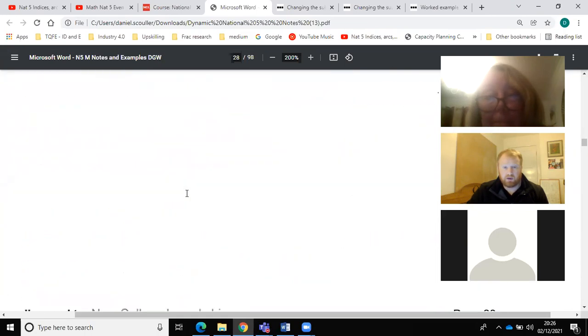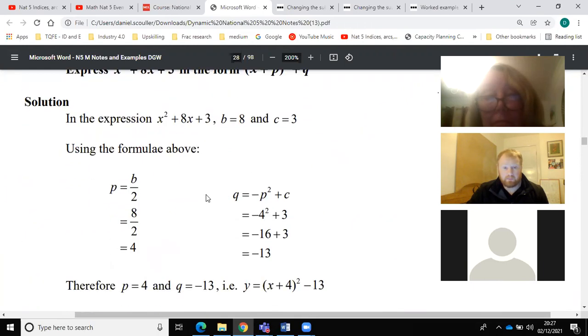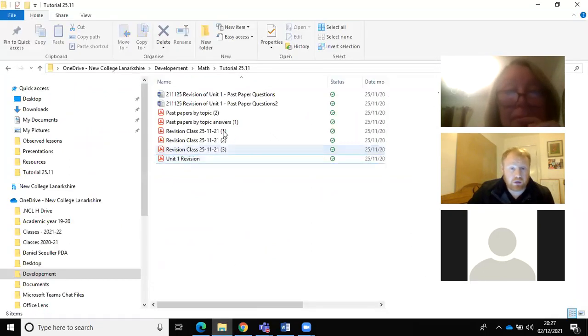Only 2 examples there, so not many. But that's what they're meaning. So p equals b over 2 is just what we did, and this is just what we did as well. I just wrote it out fully because it's a wee bit simpler. I think that it's complicated for complicated's sake. So you asked what it looks like in the past papers. Great question.